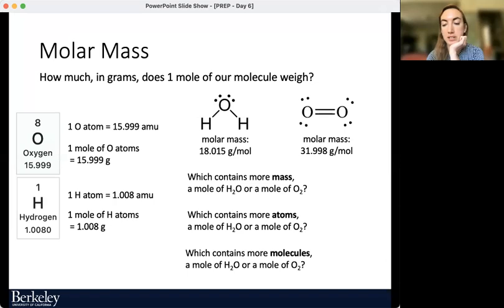Yep, H2O is 18.015 grams per mole, exactly. And O2 is 31.998 grams per mole. I'll give you about 30 more seconds.